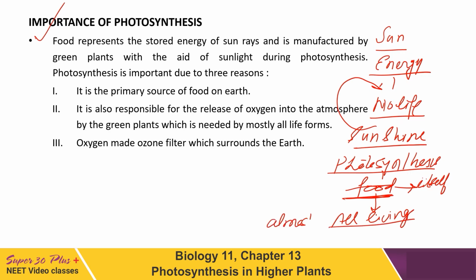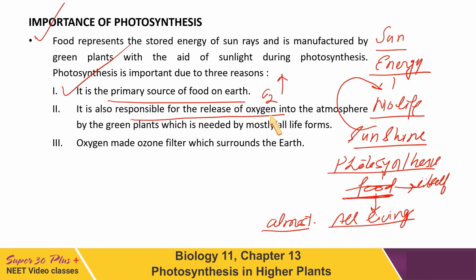A few exceptions are there. So what is the significance, what is the importance of photosynthesis? This is the primary source of food on earth, and also responsible for release of oxygen. In this process, I told you, oxygen is released.